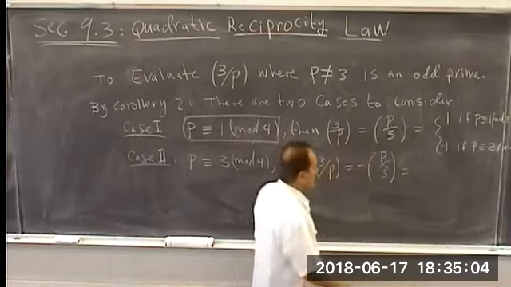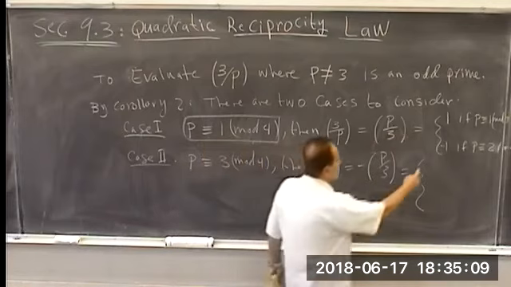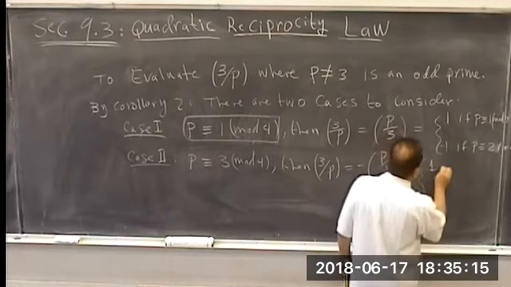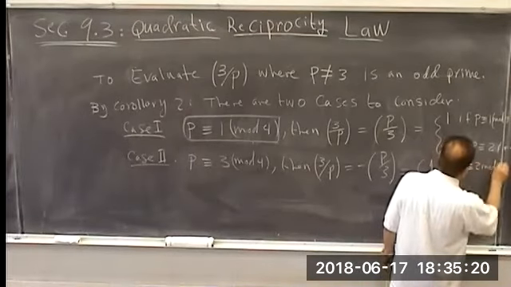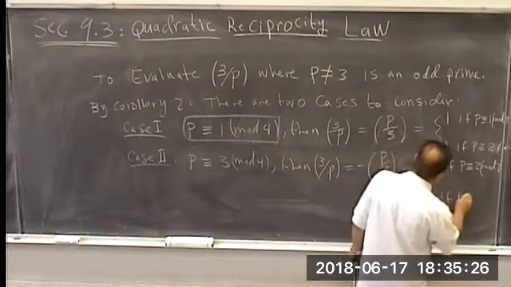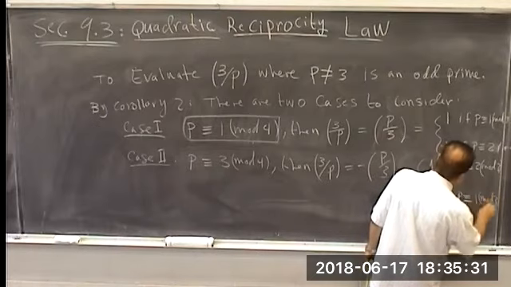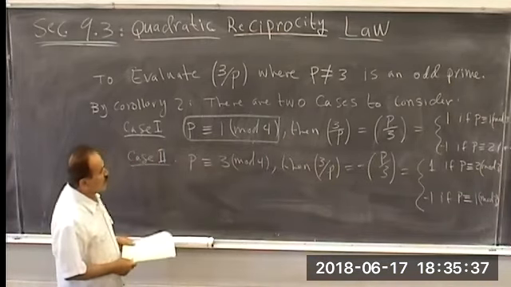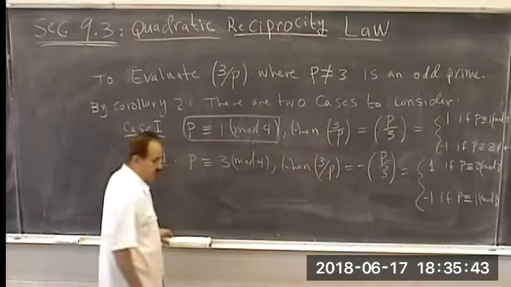And by the same scenario here, this is going to give me 1 if p is congruent to 2 mod 3, and negative 1 if p is congruent to 1 mod 3. So all together we can put them in one form.